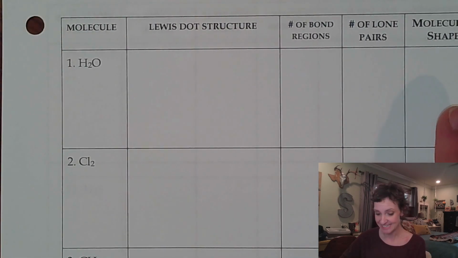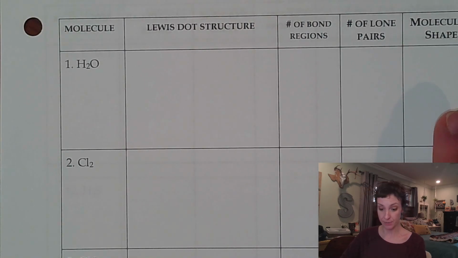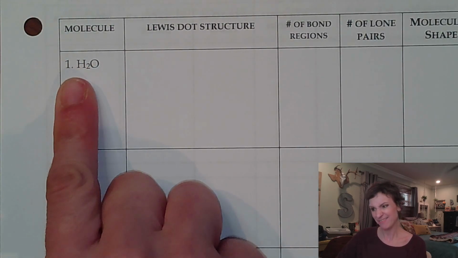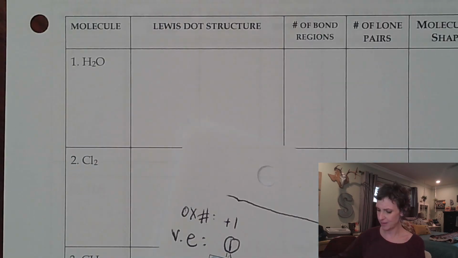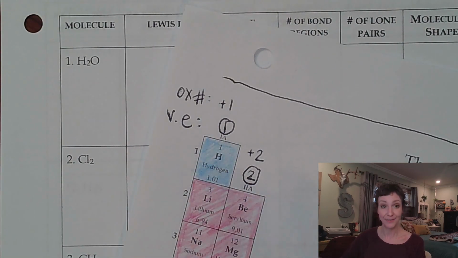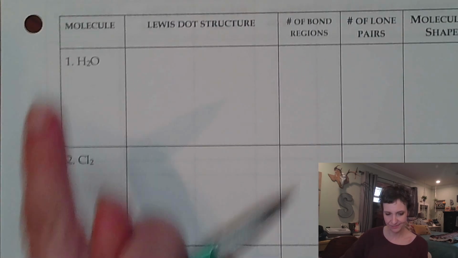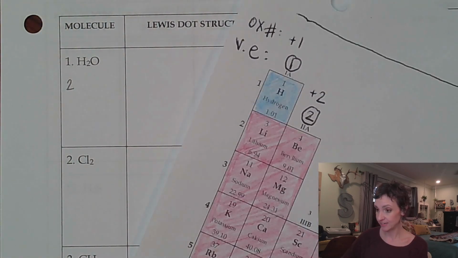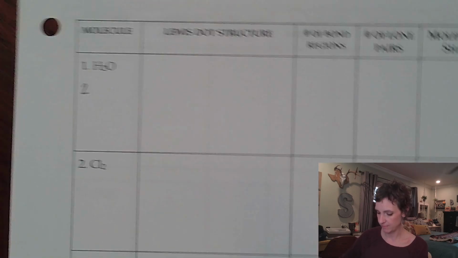So our first step is to count the total number of valence electrons available. What that means is I look at all of the different elements in my compound and I find them on the periodic table and say, how many valence electrons do you have? I add up everybody. So it looks like I have 2 hydrogens. Since I have more than 1 hydrogen, I'm going to write 2. How many valence electrons does hydrogen have in group 1? It has 1.